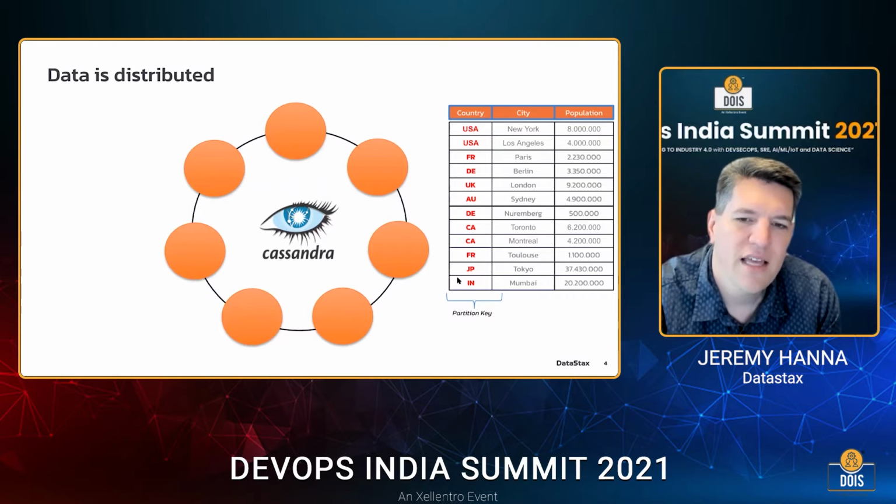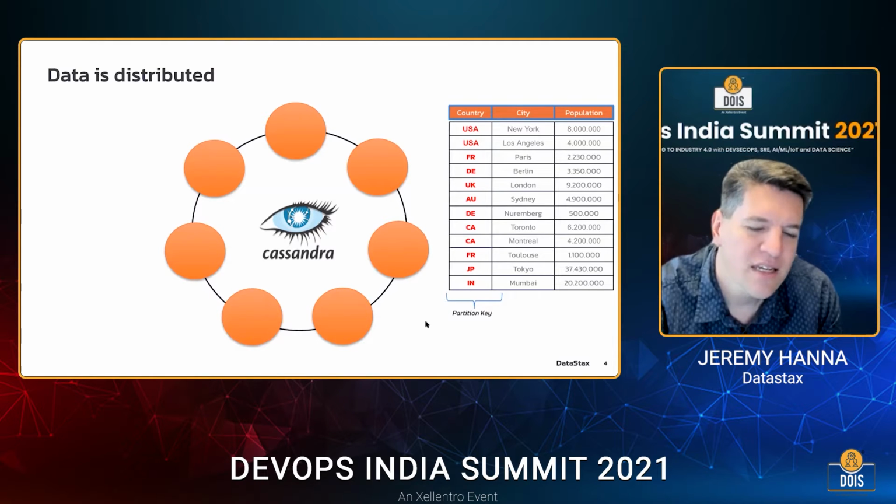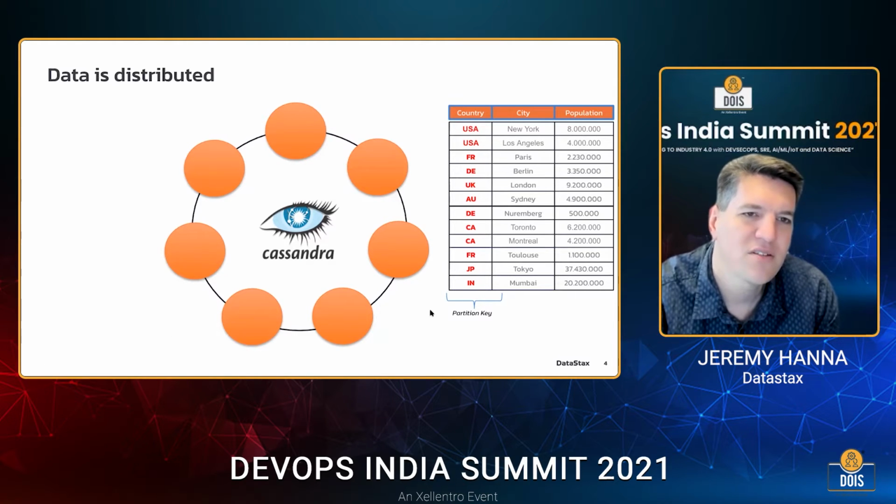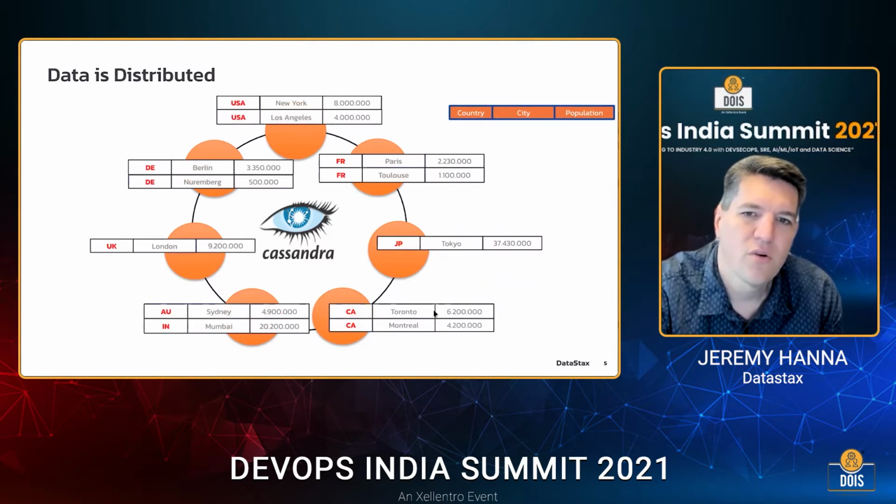And so what we'll do with Cassandra under the covers, we'll take the partition key and hash it with a hash algorithm, which is murmur3, which will hash this value into a numeric value, and then that will be a consistent hash for how it's distributed to the ring, how it's partitioned. You don't have to do this. This is done for you by Cassandra, but this is just to give you an idea of what's going on underneath. So in this case, we've distributed these across the cluster in an even way based on the partition key.